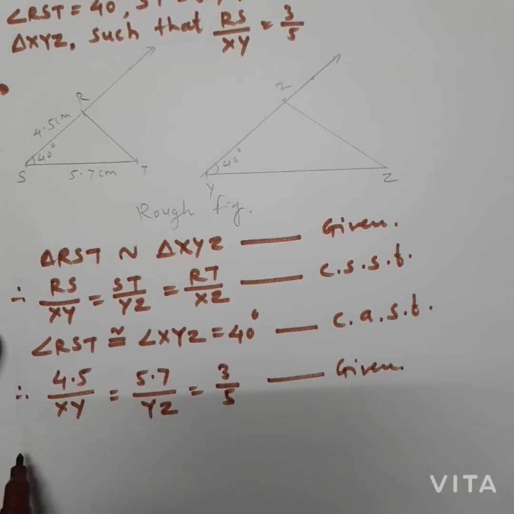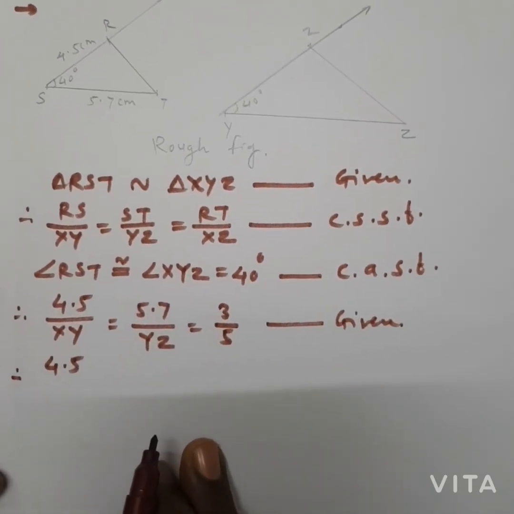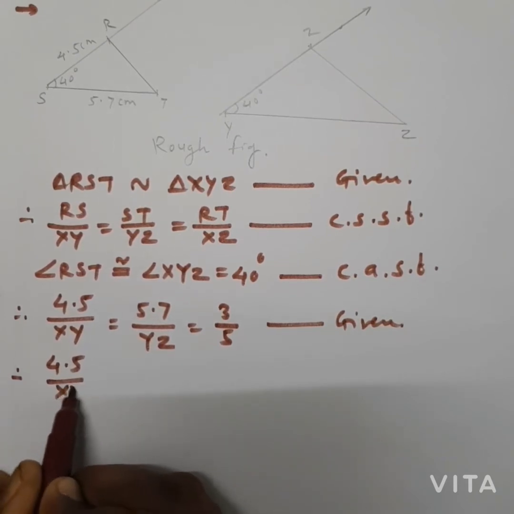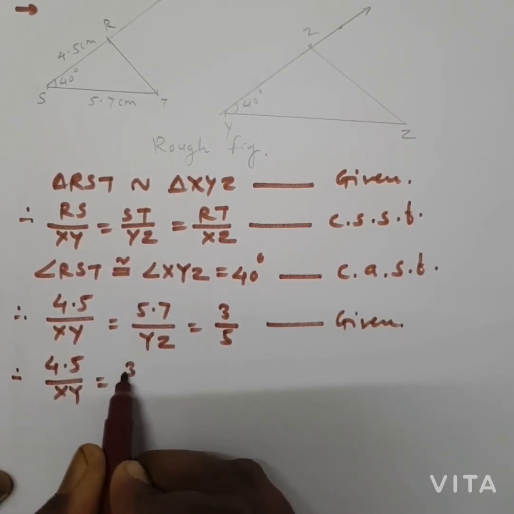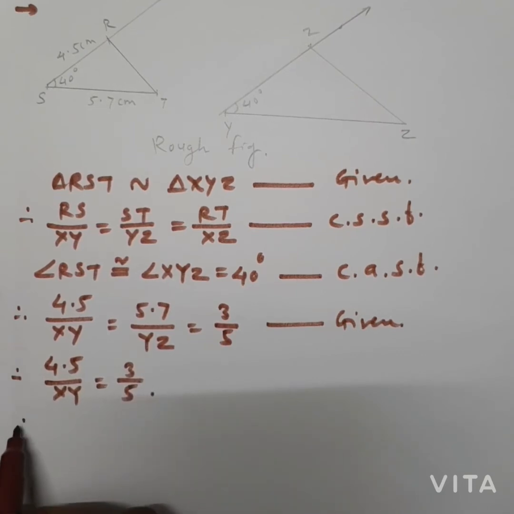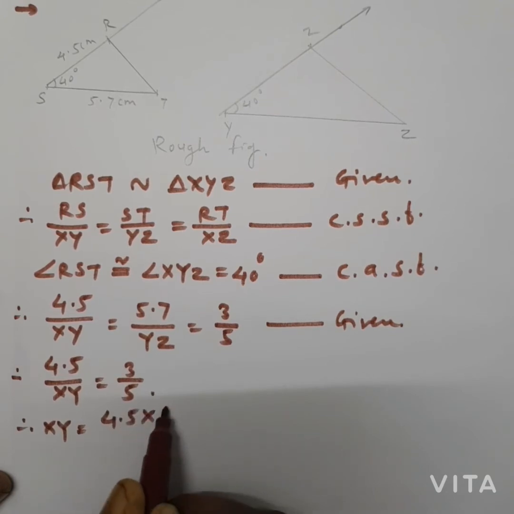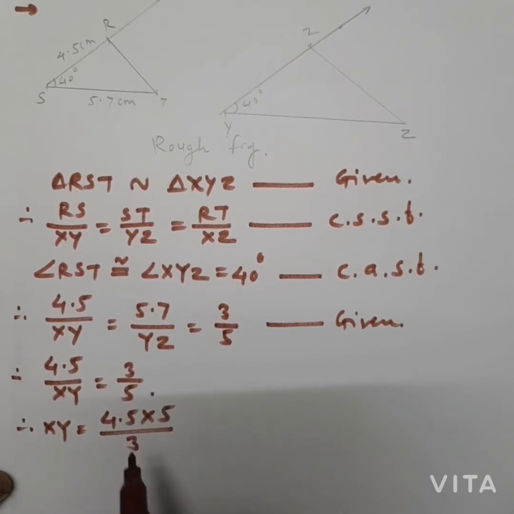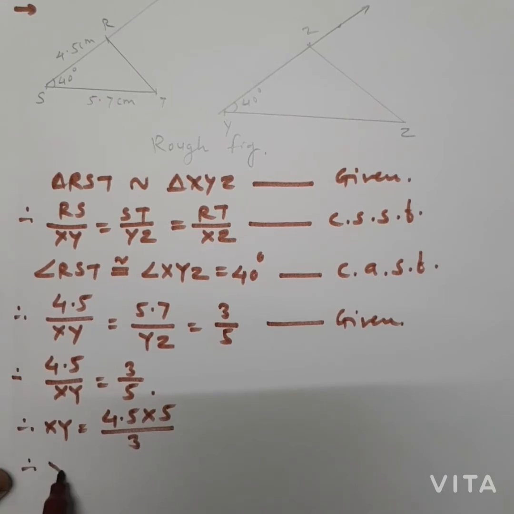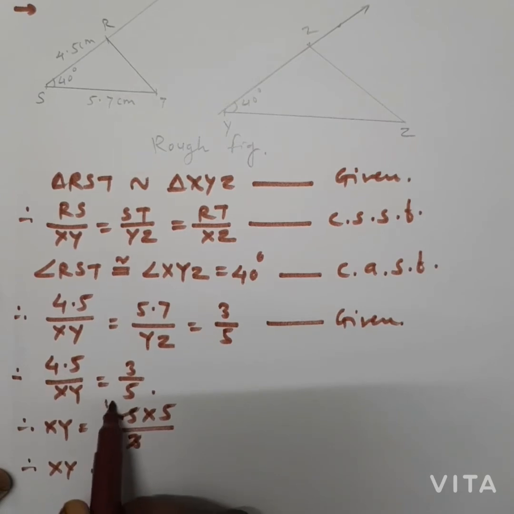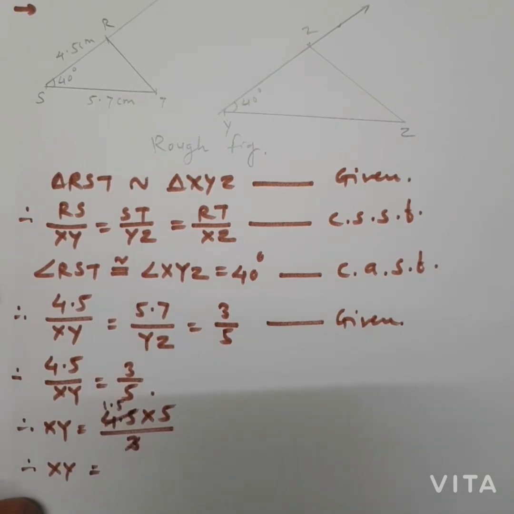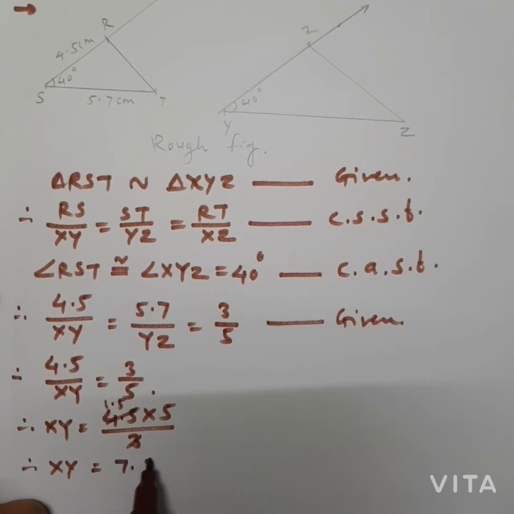Therefore, 4.5 upon XY is equal to 3/5. Therefore, XY is equal to 4.5 into 5 upon 3. This ratio will be 1.5, 1.5 into 5, that is 7.5 centimeter. XY is 7.5 centimeter.